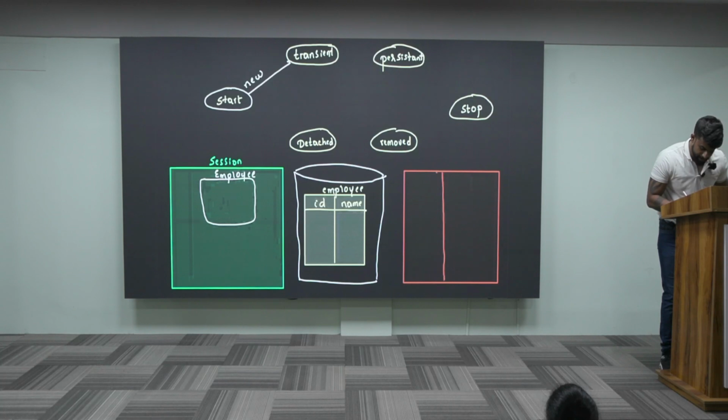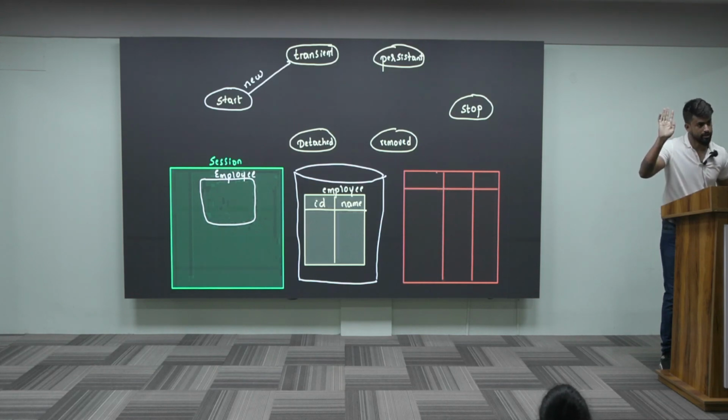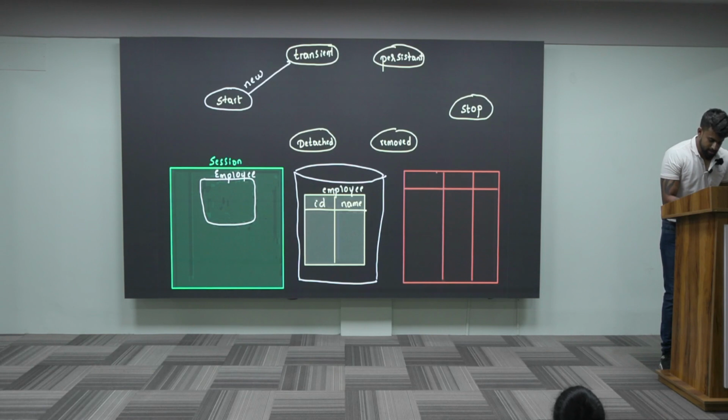This is not a database table. This is the table I want to write to explain to you, so please don't get confused. I will label the first column as state. Let me put it in white. State. And here I will write session.